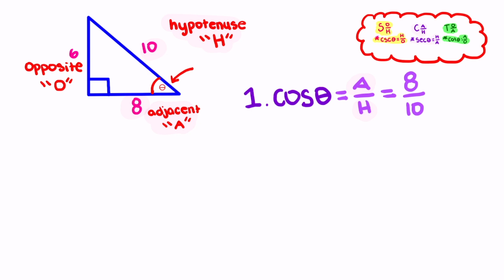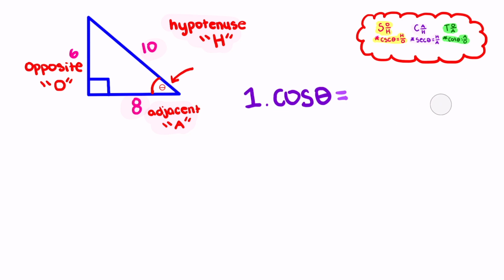However, we cannot leave our answer just like this because, as you may notice, we can simplify this fraction further. 8 and 10 are both divisible by 2. That is their GCF. So we take that GCF of 2, we divide it into the numerator and denominator, and what we get is 4 over 5.